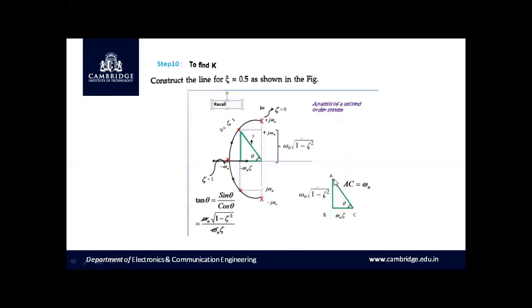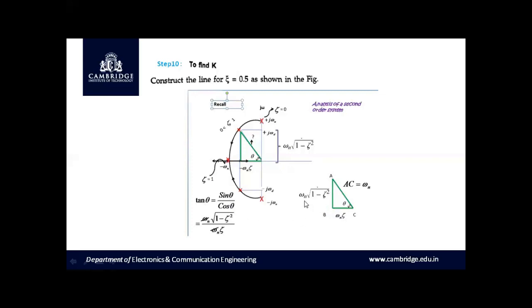While you are analyzing a second order system, hope you can remember this right angle triangle in which the opposite side is omega n into square root of 1 minus zeta square, and the adjacent side is given by omega n into zeta. Therefore, tan theta will be equal to opposite side divided by adjacent side, which is equal to sin theta by cos theta.